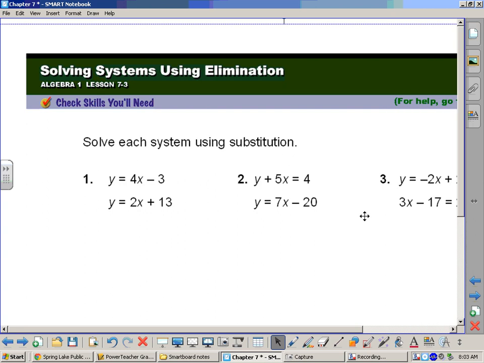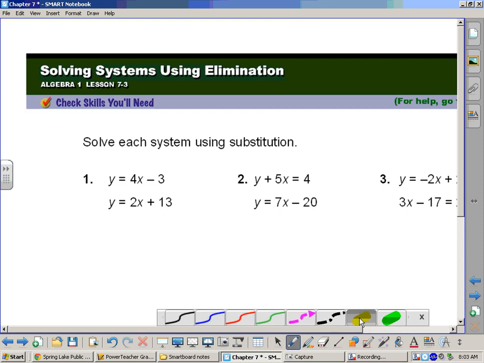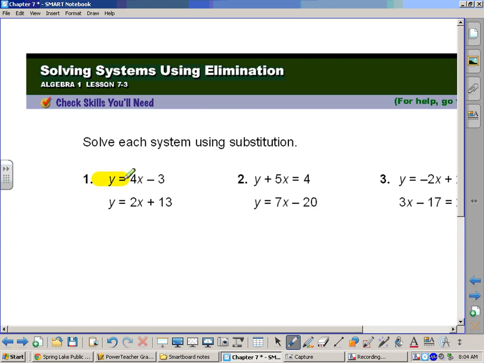I would like for you to do, and I'll highlight it for you so you can actually see which one it is I want you to do, this one right here. y equals 4x minus 3 and y equals 2x plus 13. So you're going to solve that system right there.